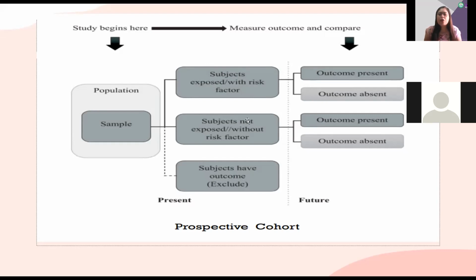Tapos kani, grupo sa mga wala nag-smoke. Pero i-check pa gihapon nato kung pila ka percent ang nagkaroon og cancer o pila ka percent ang wala. So that is called again a prospective cohort. Prospective because it will begin in the present and end in the future.